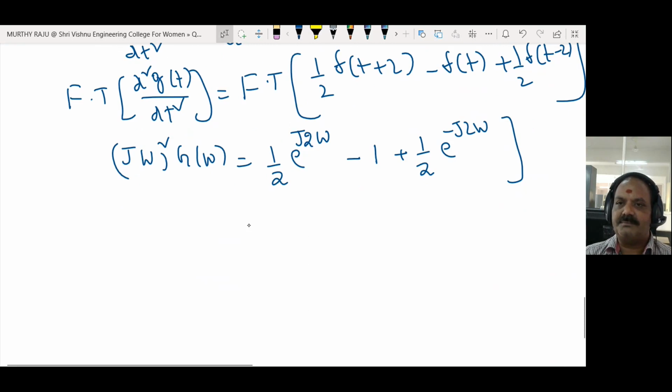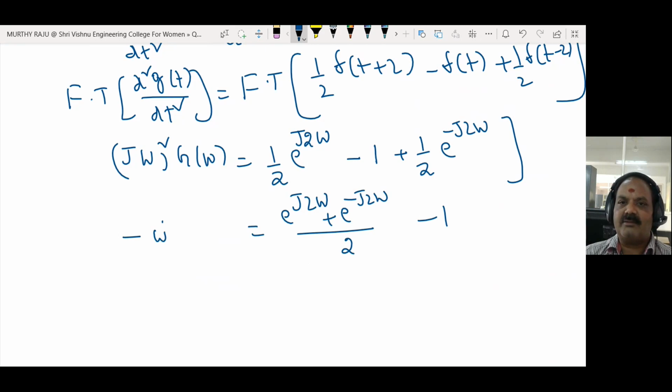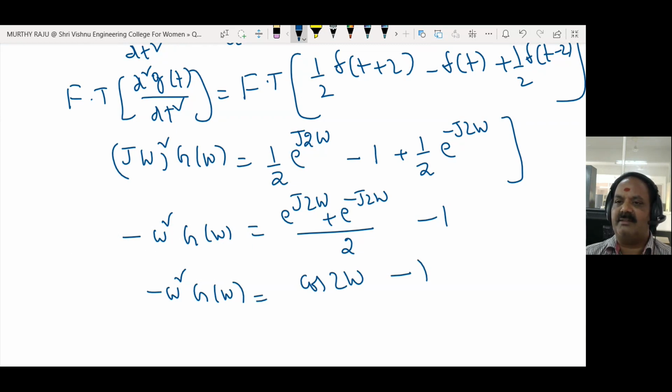That is equal to e power j 2 omega plus e power minus j 2 omega by 2 minus 1. J square is minus 1, so minus omega square G of omega is equal to cos 2 omega minus 1.